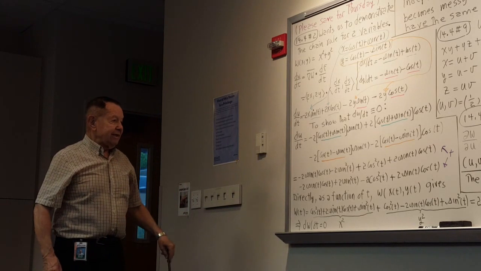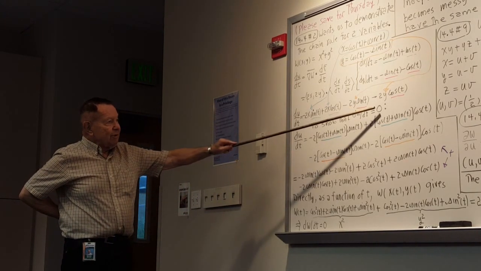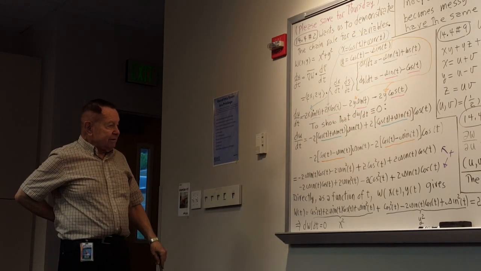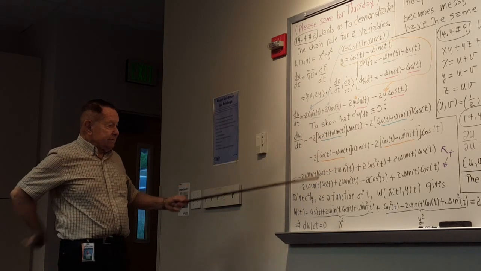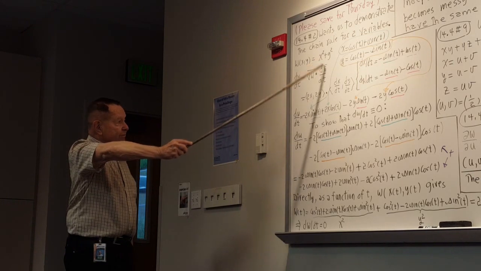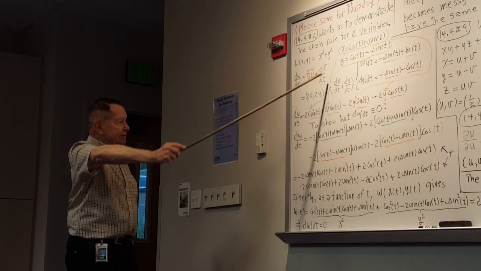So the thing is identically 0, which is what the problem wanted you to show. Now the other way you can do it is, we've found that dw dt is 0 by doing the chain rule.